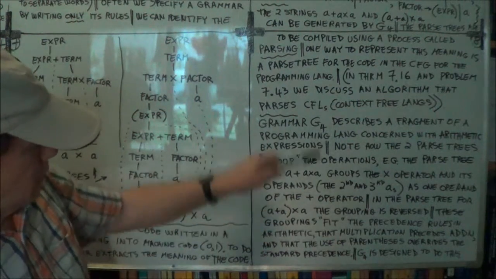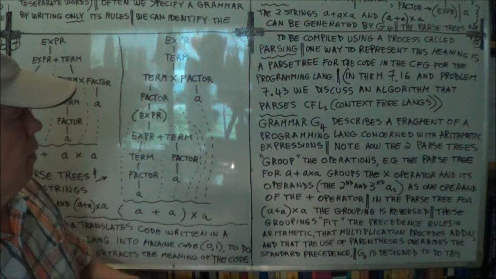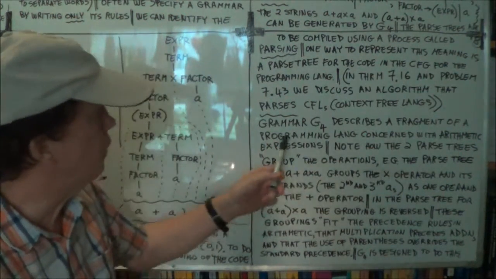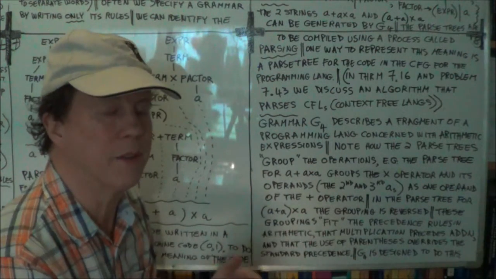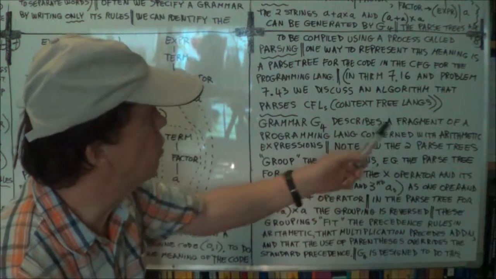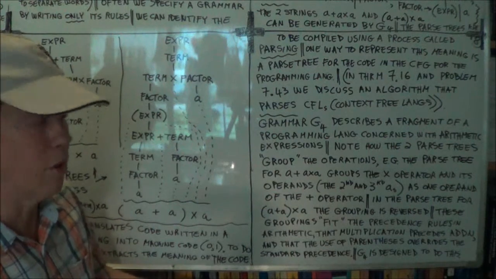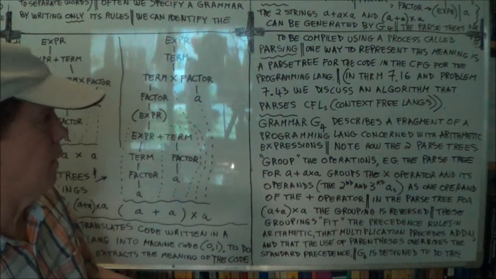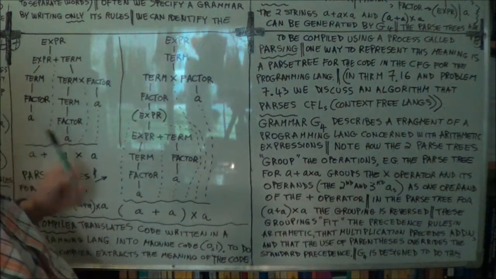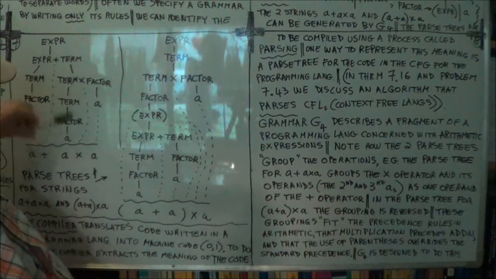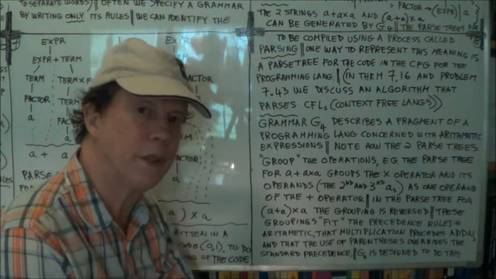Now a bit of comment here. This grammar, G4, our fourth example of a grammar, is obviously just a piece of a programming language that can deal with arithmetic expressions. It's just a small part of an arithmetic programming language. And now, do you notice how these parse trees tend to group the symbols in a certain way?